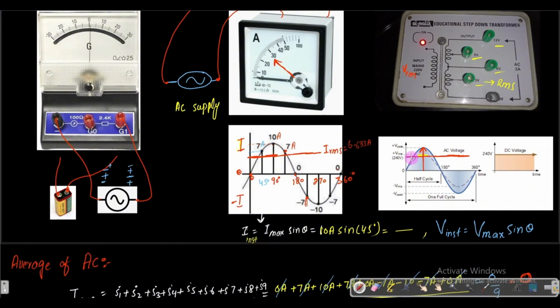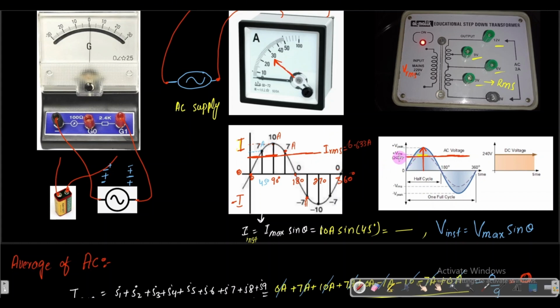At that specific instant, the alternating voltage will be considered, and here the needle will be deflected, present at only that instantaneous alternating current or voltage. It will not be vibrating.